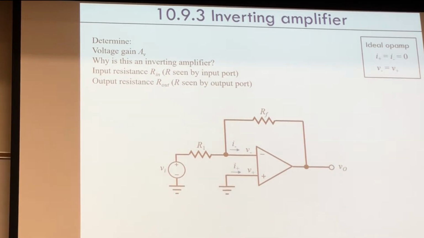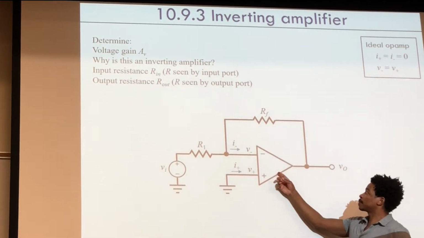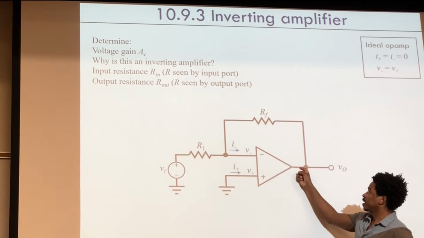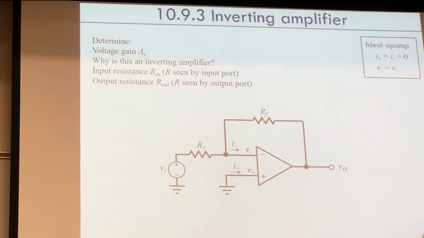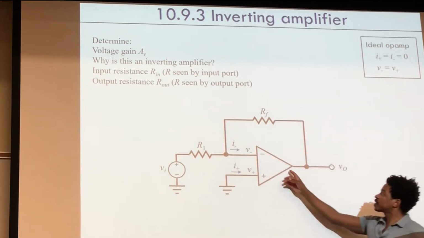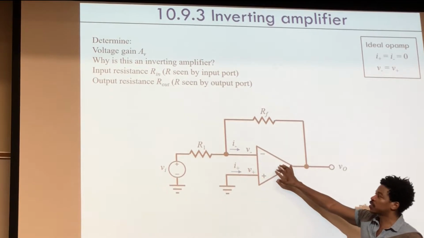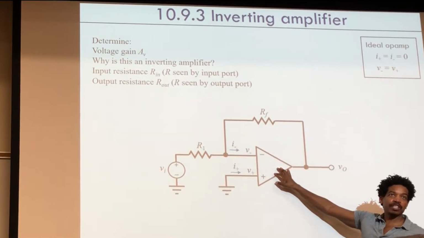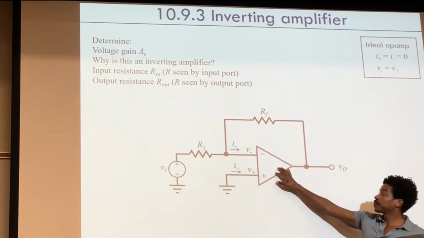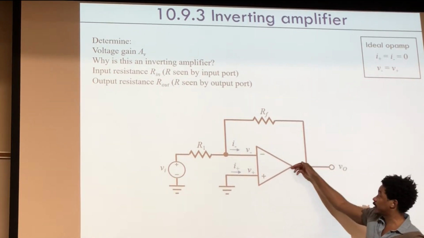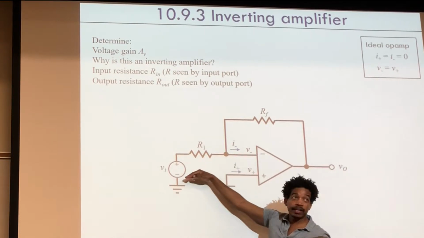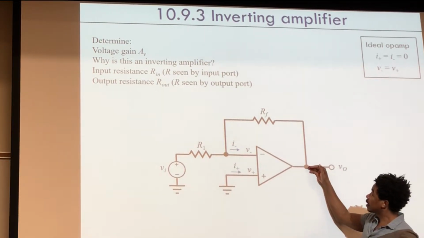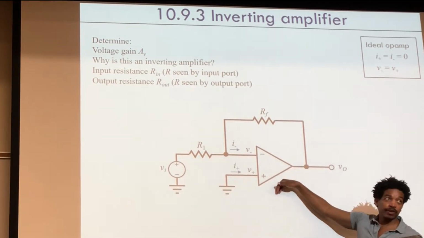For these ideal op amps, remember we talked about yesterday, that current could come out of that node and go into that node, and the resistance appears almost as 0. So when your current is going through here, it can choose two paths: through RF and R1, or through this path, which is nearly 0.